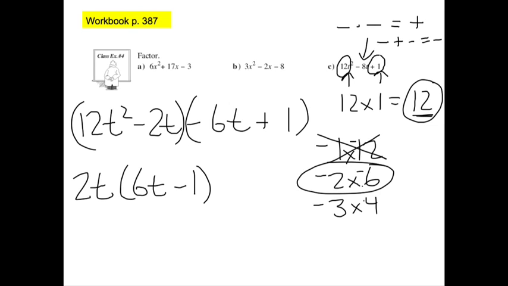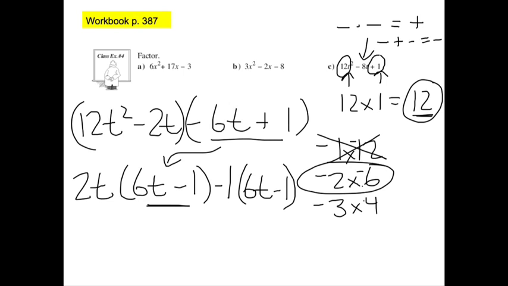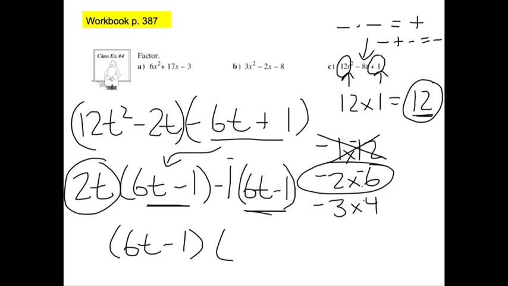And this one right here, if you notice, our goal is to get something similar to this. In order to turn this into that, you're going to have to take out a negative 1. So you got 6t, and 1 divided by negative 1 is going to be negative 1. Okay, so now that we have those in common, you have 6t minus 1, and you have your leftovers in the other bracket. So that's going to be 2t minus 1.